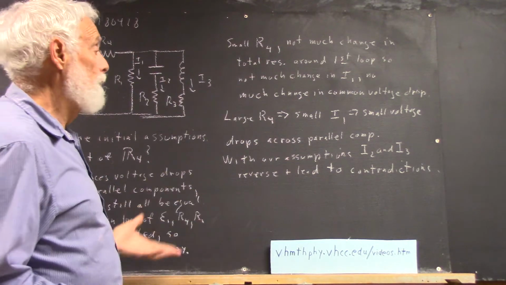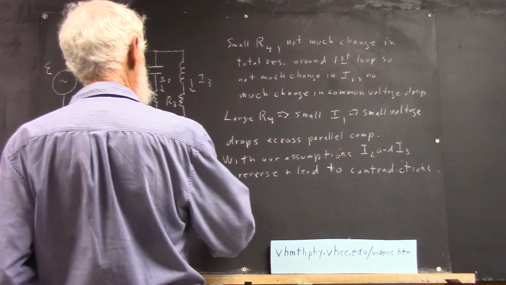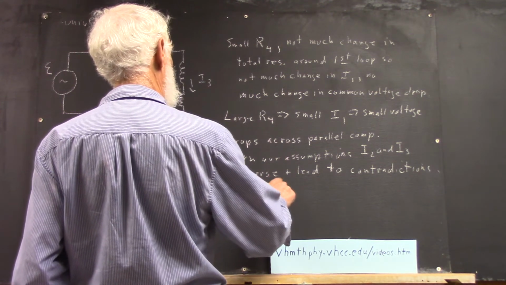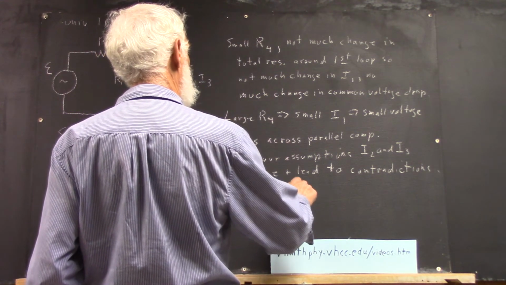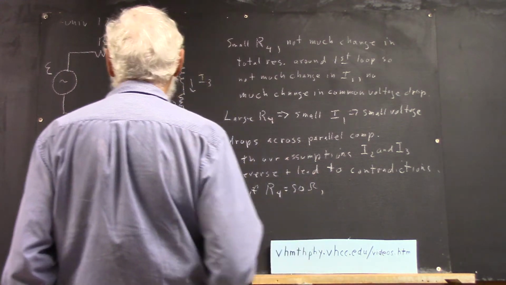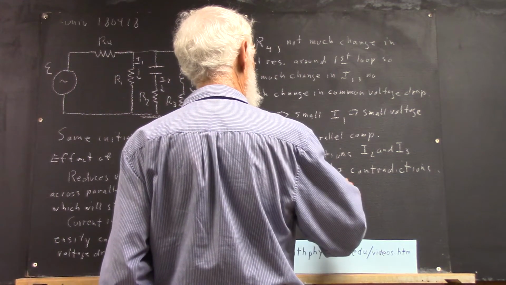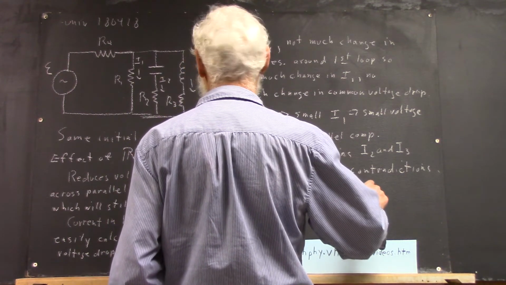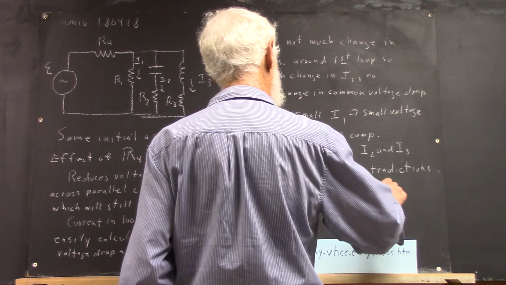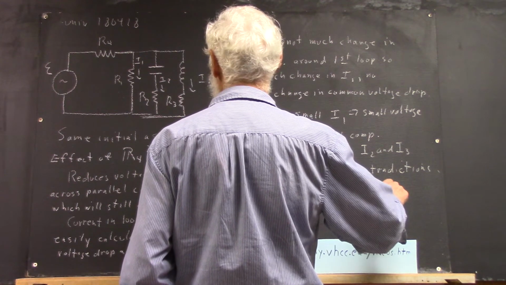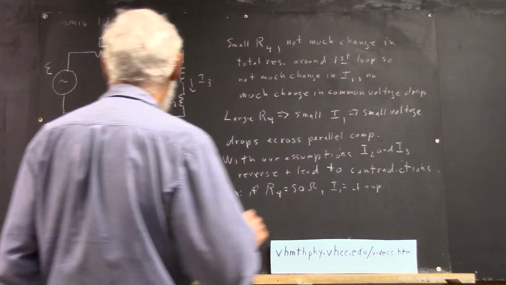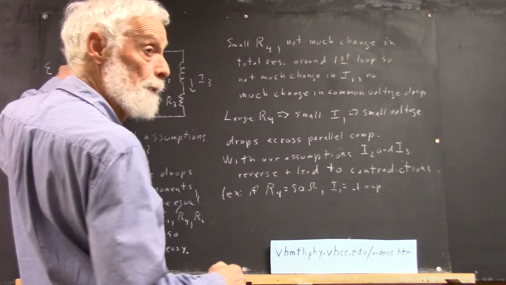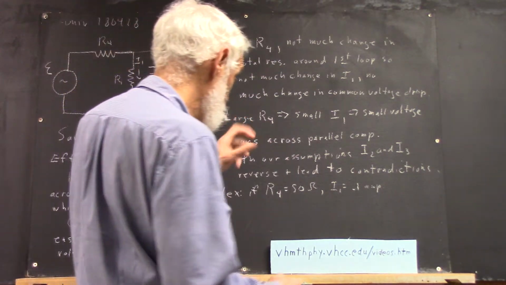I'll just say that in the example that we use, if R4 is 50 ohms, then I1 equals 0.1 amp. Because the current through the loop, 60 ohms, 6 volts, it's 0.1 amp.